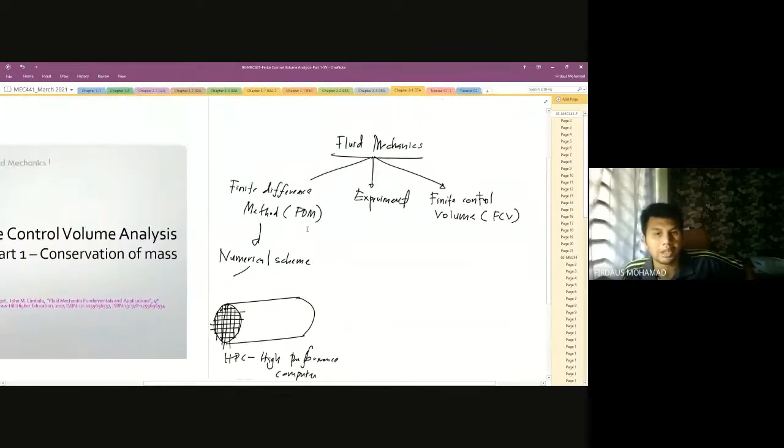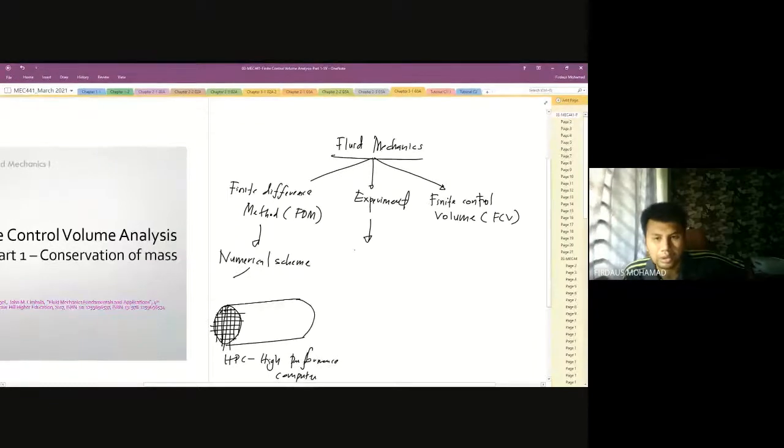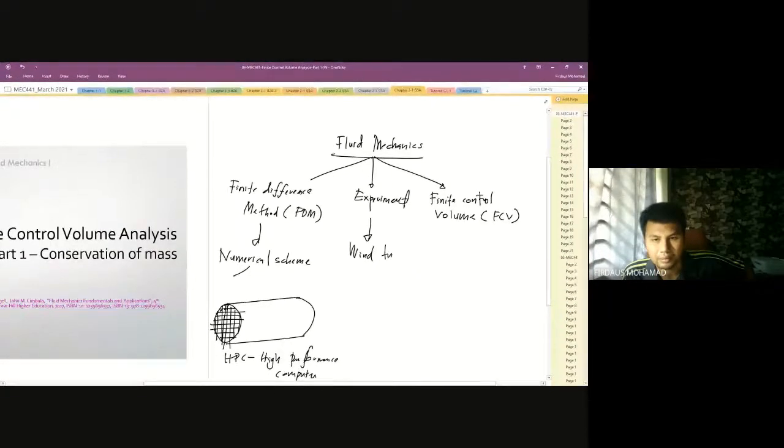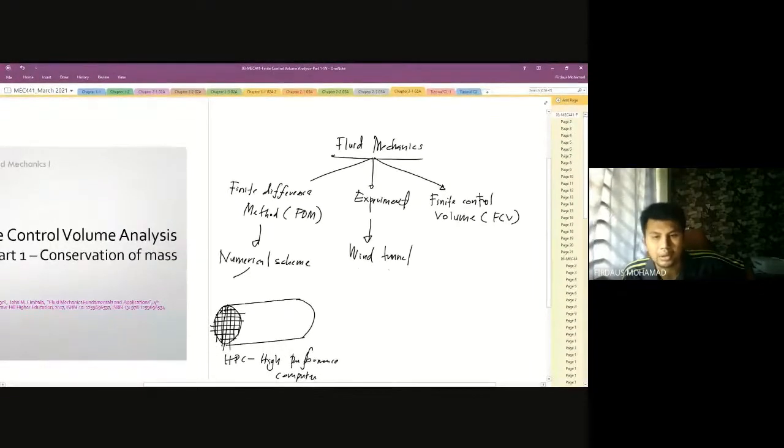And then method number 2 is experiment. Experiment means that we use any experimental apparatus in order to get the data. For example, we can use a wind tunnel. So what is a wind tunnel?